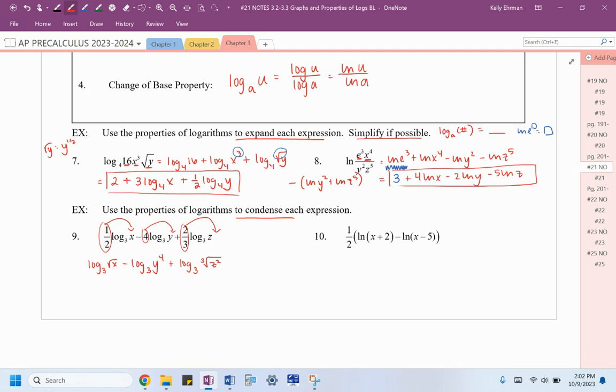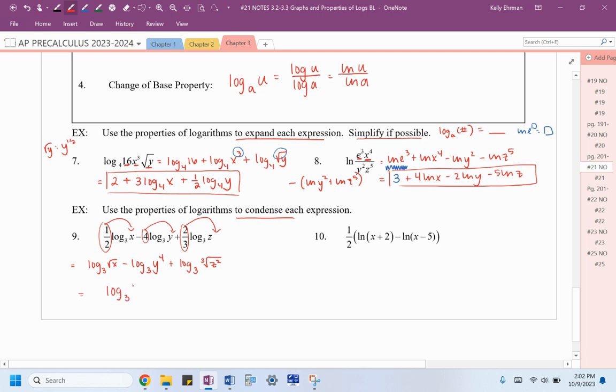And go back and look at number 8. If a term has a plus sign in front of it, it's in the numerator when you condense. If it has a subtraction sign, it's in the denominator. We have a subtraction sign in the middle, but not at the end here. So this does mean that we're only dividing by the y to the fourth. So this should be a single log base 3.